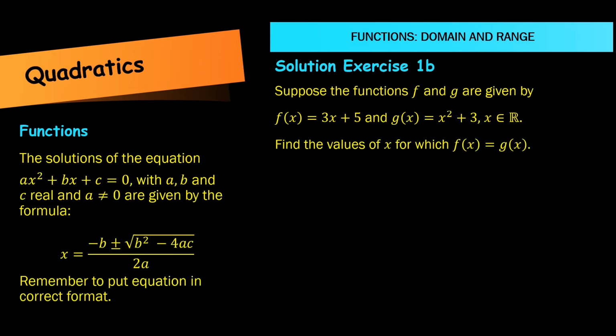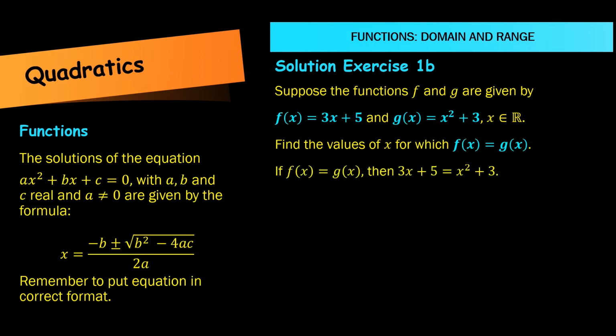And now for example 1b. We are looking at the same functions, but this time we're required to find the values of x for which f of x equals g of x. So if f of x equals g of x, then 3x plus 5 equals x squared plus 3.